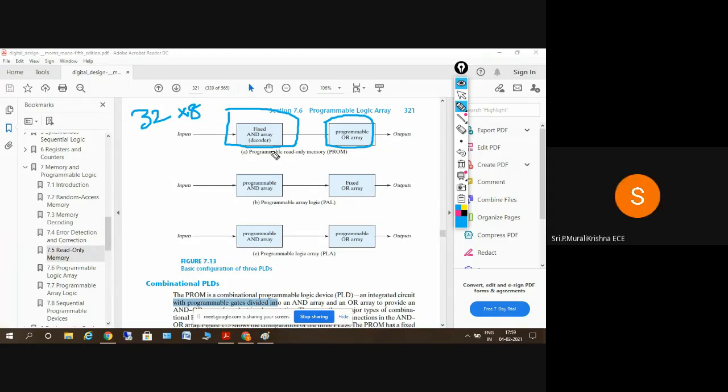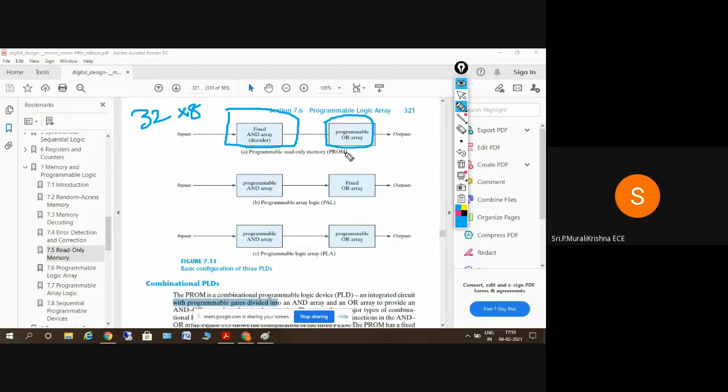Yes, sir. That can be programmed, because one of the outputs is 0 and one of the outputs is equal to one of the inputs, so I eliminated 2 OR gates. Programmable means we can change the functionality of that array and reduce the number of OR gates used. Getting my point?